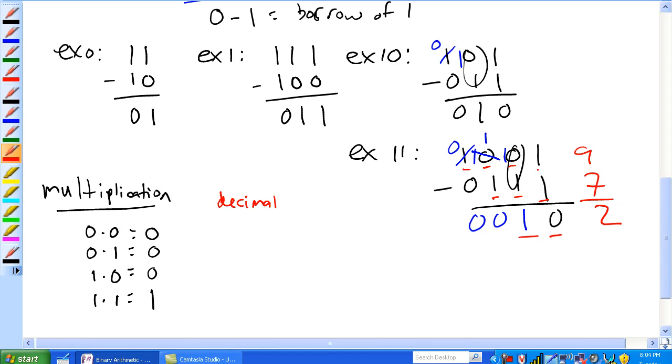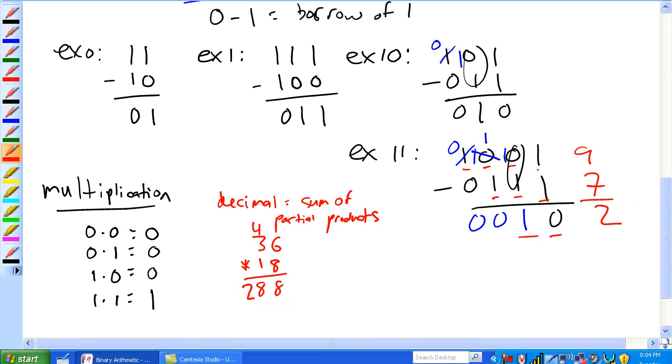So in decimal, we use something called the sum of partial products. Let's do a simple example. 36 times 18. So what we do is use the 8. 6 times 8, 48. 3 times 8 is 24 plus 4, 28.